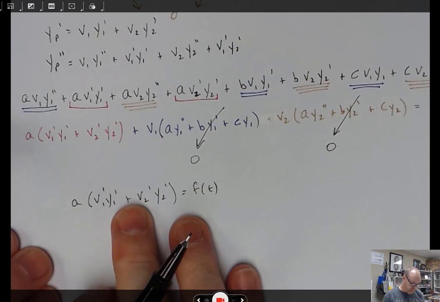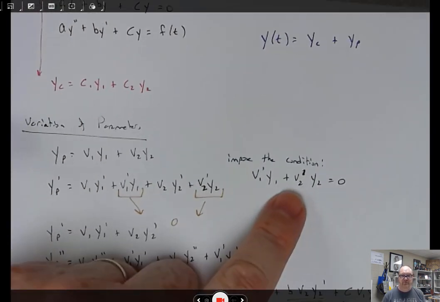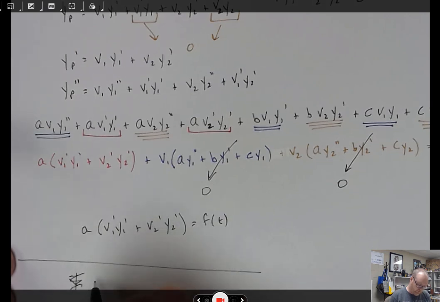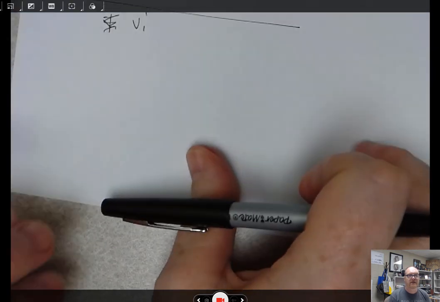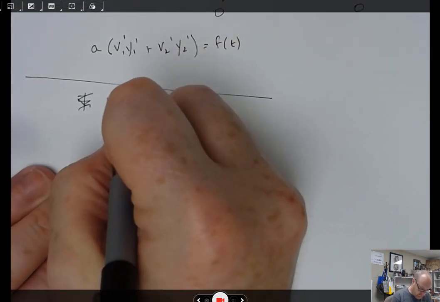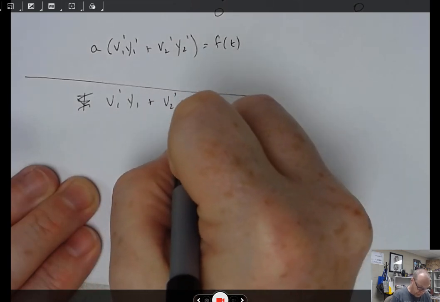The first one is way back up here. This condition is the one that I'm going to use every single time: v1 prime y1 plus v2 prime y2 equal to 0.